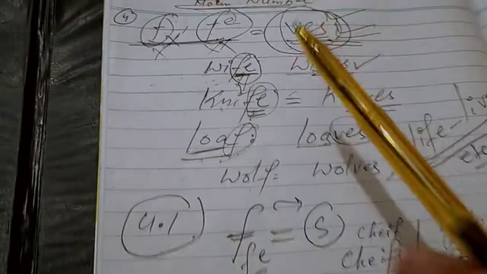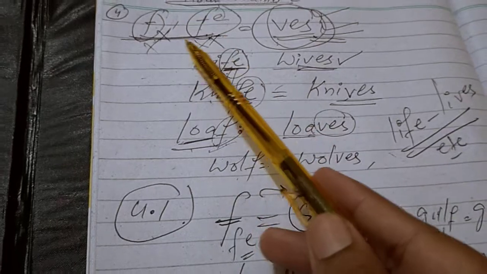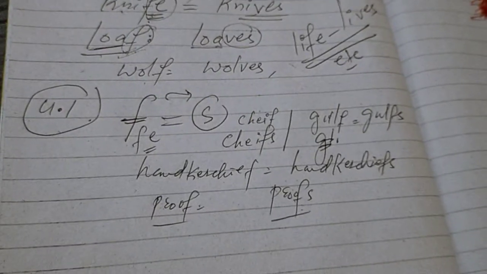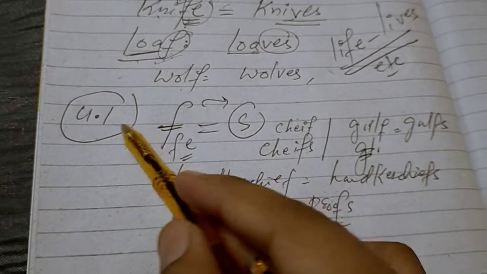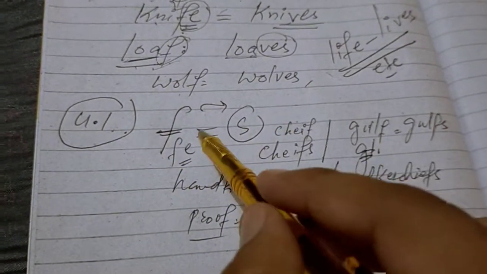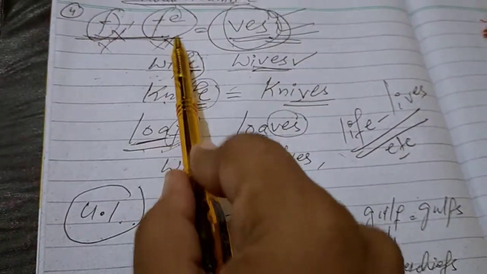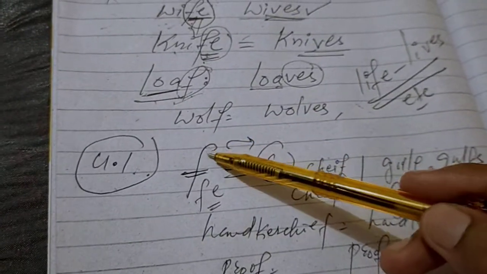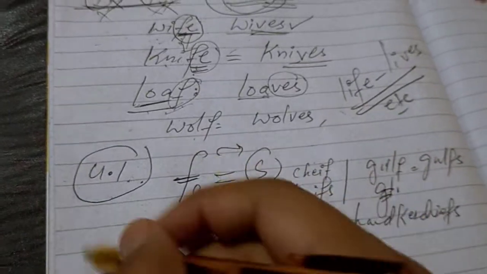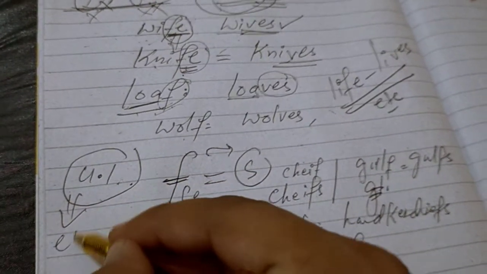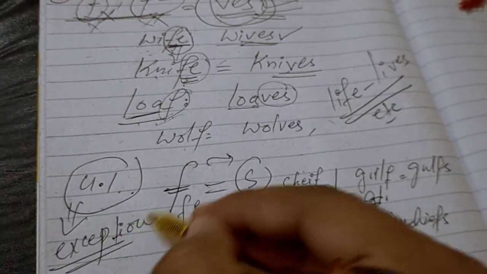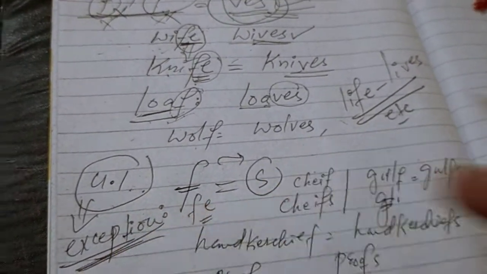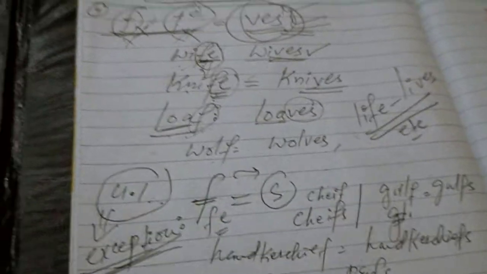There is another part of the first rule, which is 4.1. I've given the number there. Those nouns which end in f or fe are the same, because that's why we are saying it is a part of the same. Some nouns are an exceptional case, you can call it an exception. You can call it either an exception or a rule. In any grammar you will find so many exceptions.